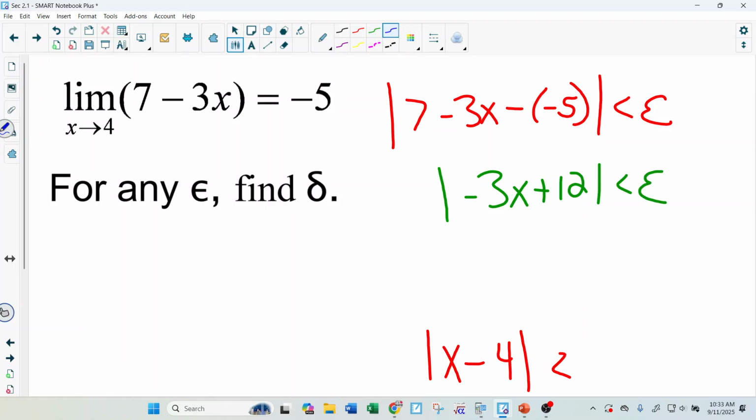Both of you wrote it 12 minus 3x, right? I switched the order to put the x first just because of where we're going. So we want to get to x minus 4. What do I have to factor out? Negative 3. So I have negative 3 times x minus 4.